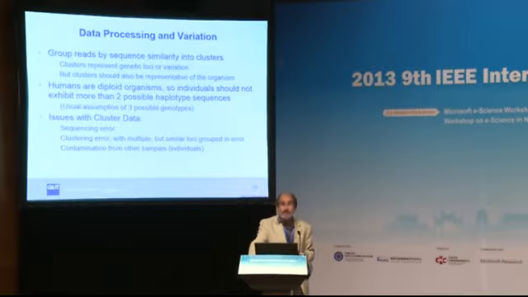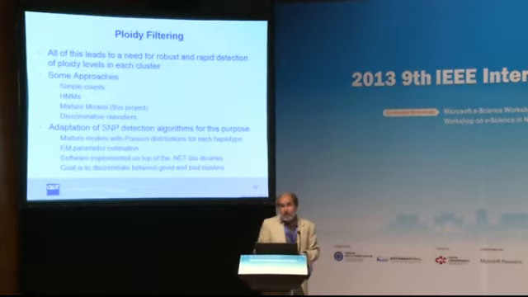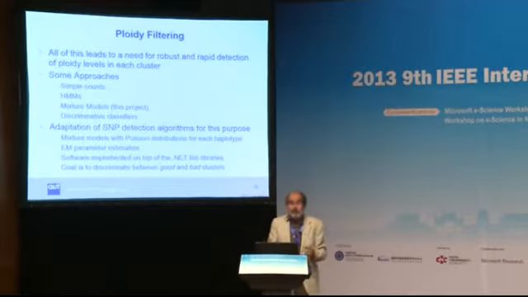These can be due to just straightforward garden variety sequencing error in the clusters where unnecessarily similar sequences are actually grouped together when in fact they should not be. And of course also some contamination from other samples, which is something which one would like to avoid but necessarily arises in laboratory practice. So the focus for us at the moment is on the problem of ploidy filtering.